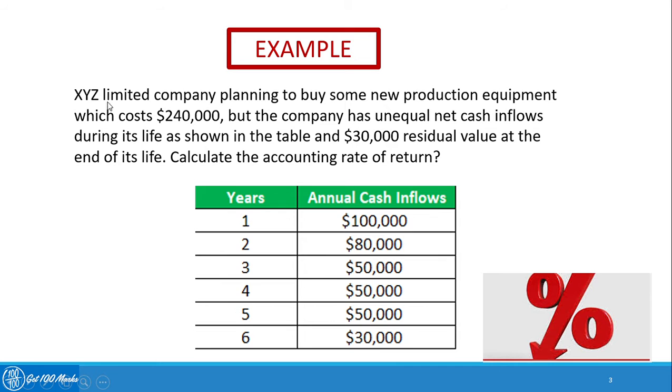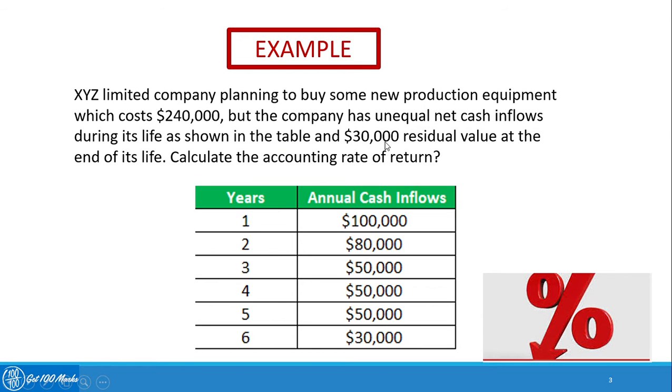The example says that XYZ Limited is planning to buy a new production equipment which costs $240,000. So this is the initial investment that XYZ Limited is planning to make, but the company has unequal net cash flows during its life. With this investment, the company will have the cash flows as shown in the Excel here, from year 1 to year 6: 1 lakh dollars, 80,000, 50,000, and so on.